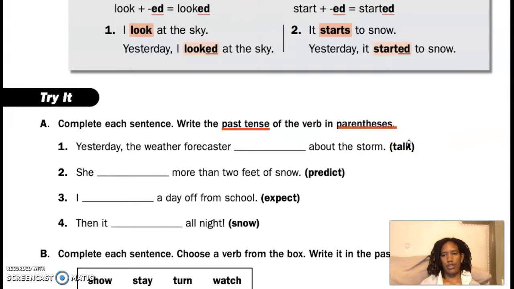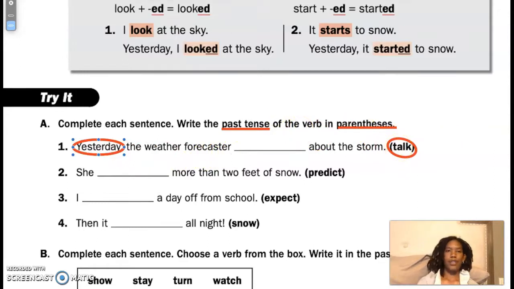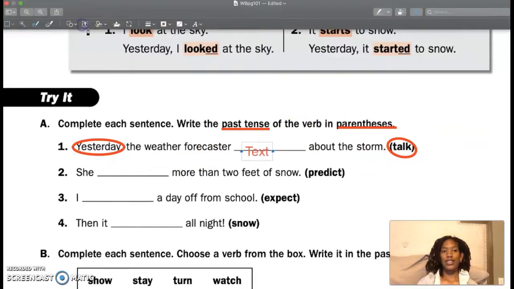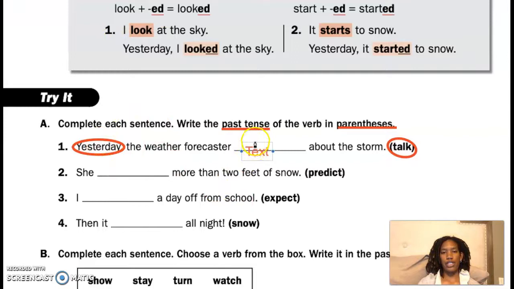There we go. Better. All right. So yesterday, keyword, yesterday, the weather forecaster talk or talked. If you said talked in the past tense, you are correct because look, yesterday tells us past tense. There we go. Talked.